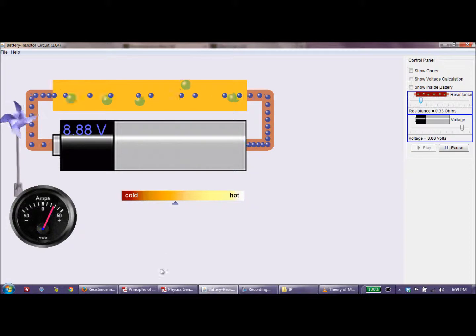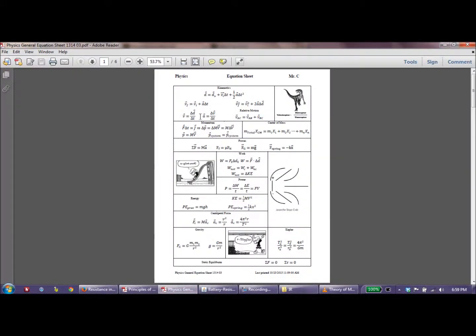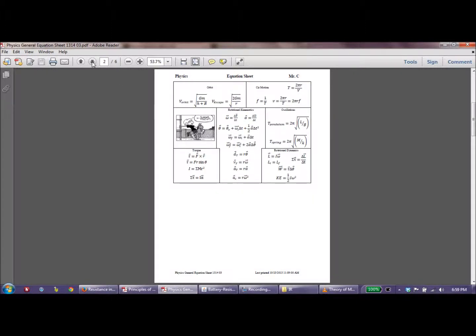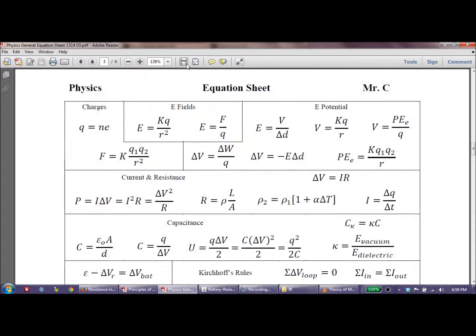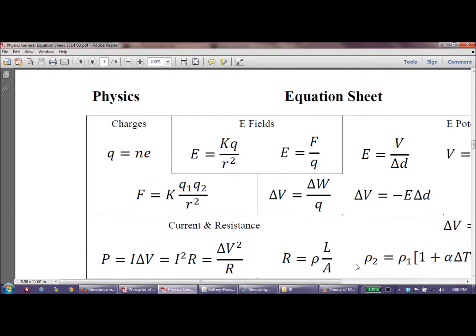All right, in the last part here, I wanted to look at our equation sheet and go over some of the equations in this section. You've seen a bunch of them, so I'm going to go down to the third page here, and we'll make that a little bit bigger. And what we're really looking at is this box right here in the center.